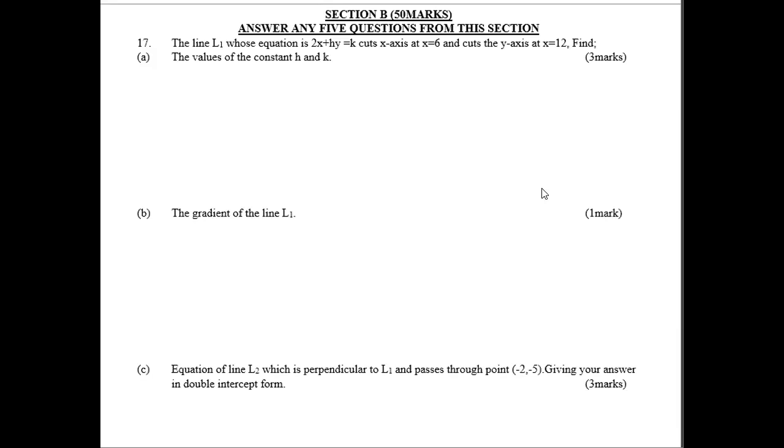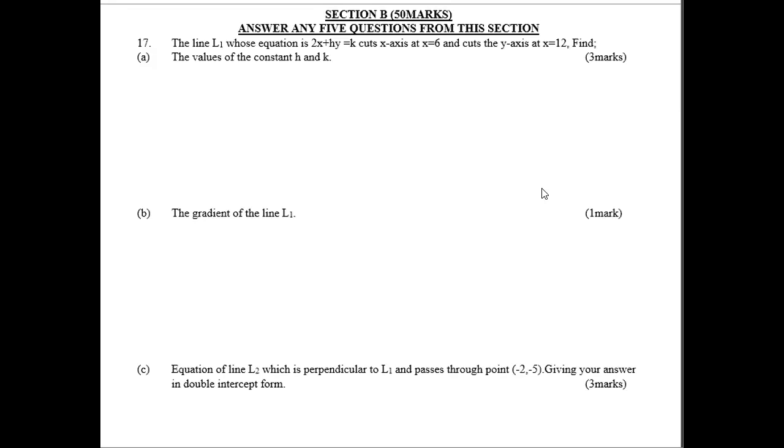Now they want us to get the gradient of line L1 using the 2 points 6, 0 and 0, 12.